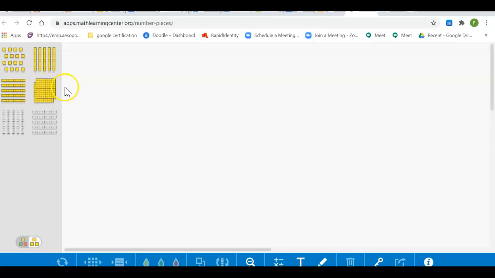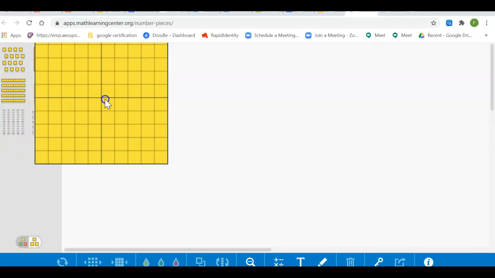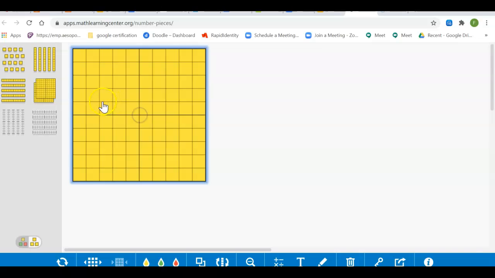So our first number that we want to build is 582. So in order to do that, you're just going to click and drag, okay? So we're going to take one of these 100s, because in order to make 582, we need 5 of the hundreds.